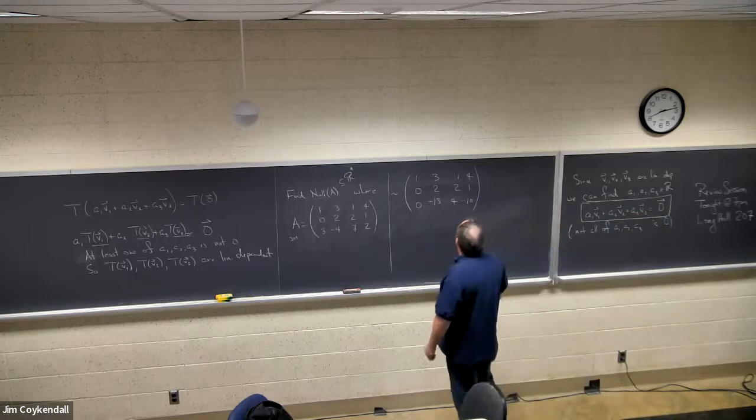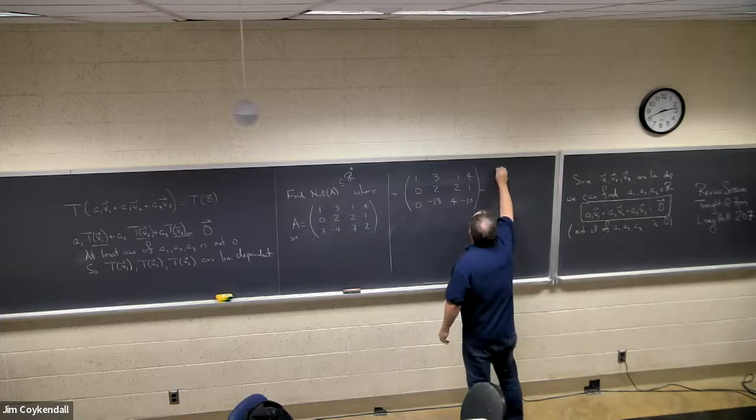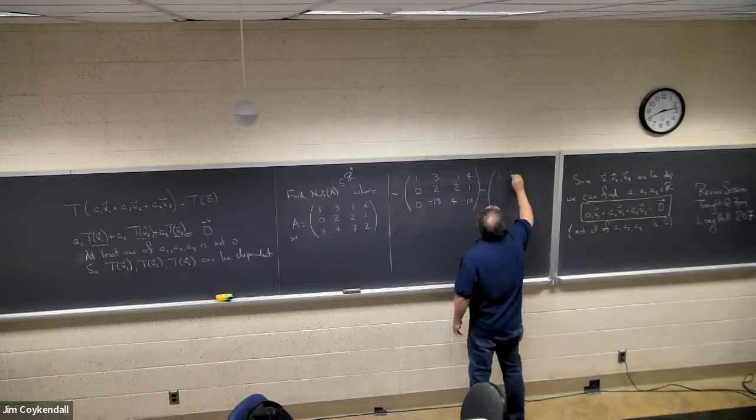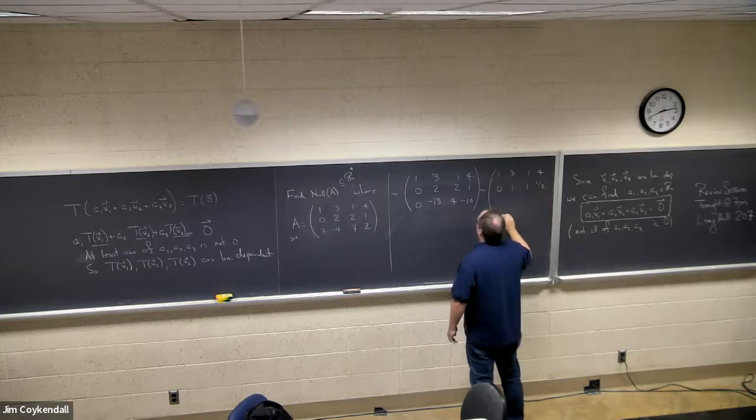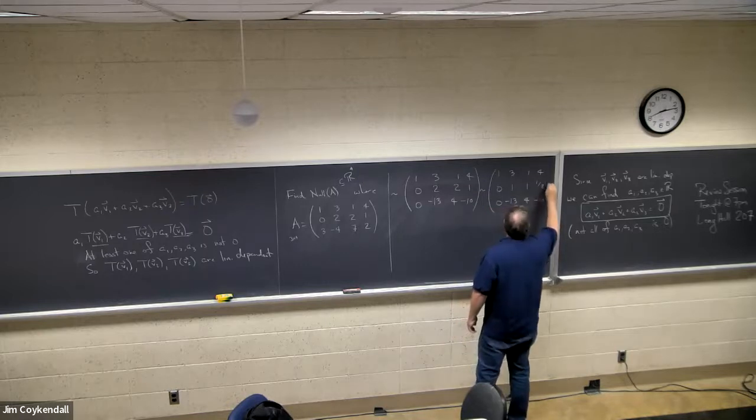Now, I guess maybe the best thing to do is, I'll go ahead and do this and make it easier in the long run. 0, 1, 1 and a half. 0 minus 13, 4, maybe.